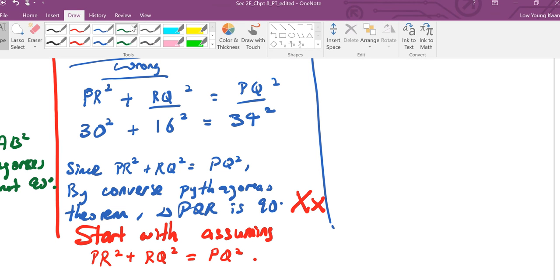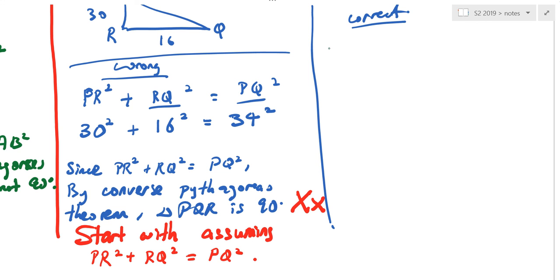Nisa, you want to start by telling me the first one. PR square plus RQ square equal. Wrong. If you write the 34 square already, you pretend. You cannot start. Why? Because they say proof. Did they tell you it's 90 degree?